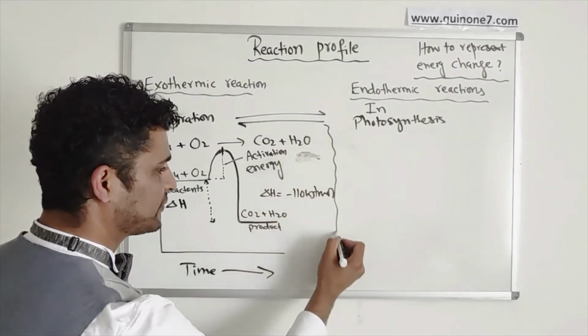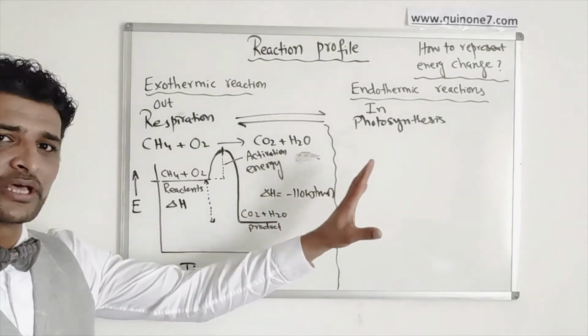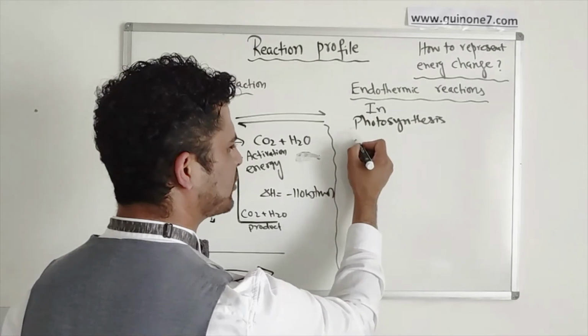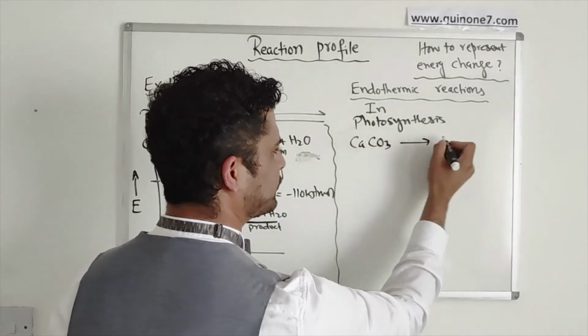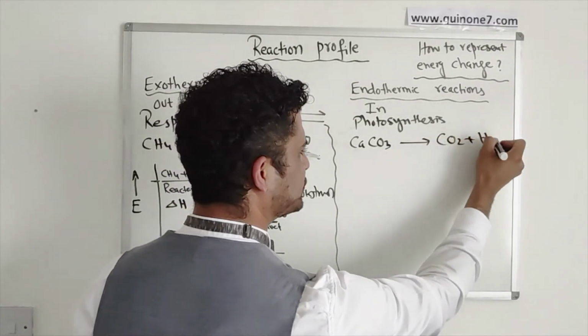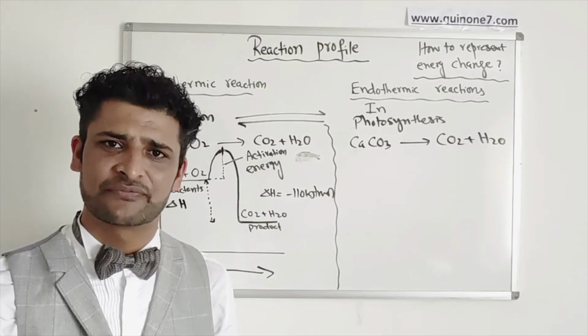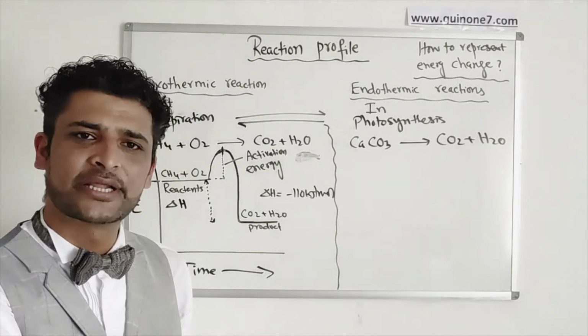Now once you're done, you can draw the same kind of reaction for the other side. For example, calcium carbonate, CaCO3, converting into CO2 plus H2O. For the decomposition, you have to give some energy to calcium carbonate to convert it into carbon dioxide and water.